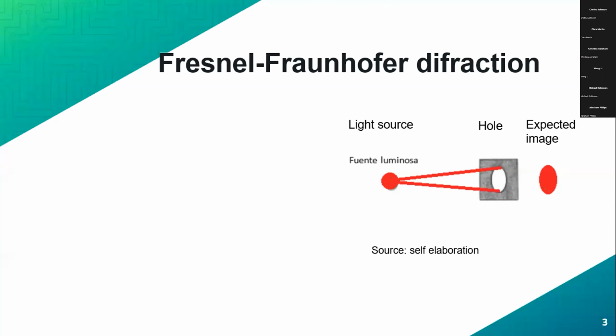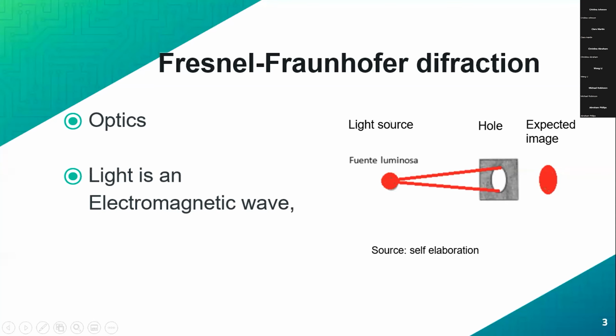The Fresnel-Fraunhofer diffraction, we know this in optics. We have a source of light, and when this light passes through a hole, we expect this shape, but we don't forget that light is an electromagnetic wave, and this is explained by Maxwell's equations.